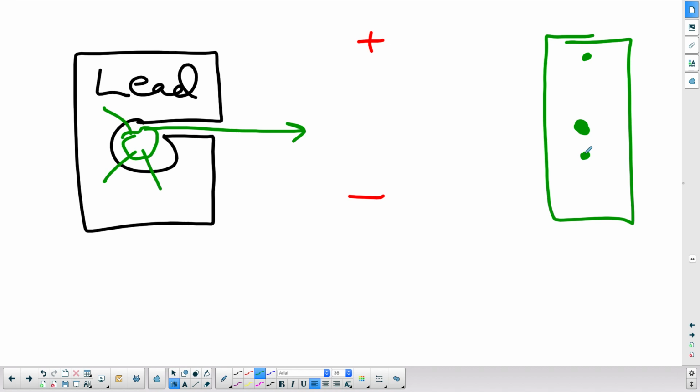Not neutral. Why positive? Because it goes to the negative. Instead of going straight, again, you can't see it, but instead of going straight, this stuff gets tweaked down. It gets pulled down. So that means it's attracted towards the negative. If it's attracted to negative, that means it is positive. So we can conclude that this stuff must be positive.